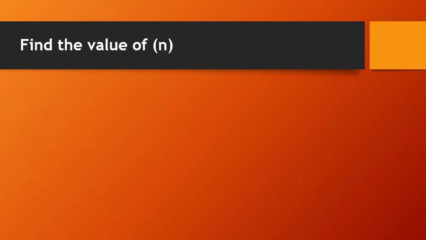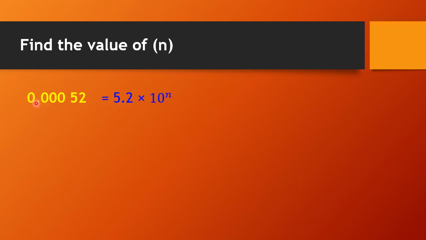Find the value of n. We want to convert this number to the standard form. It will be like this, but we need to know what is the value of n. Notice the point between 5 and 2.